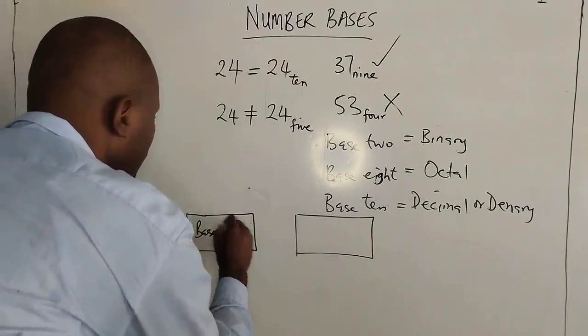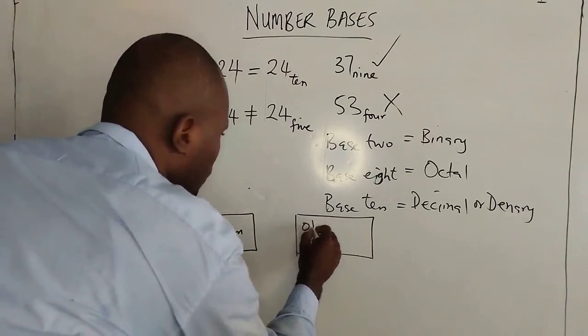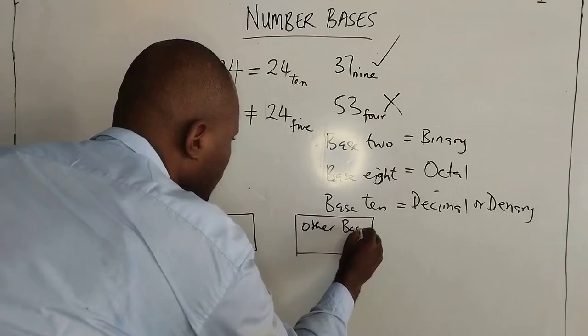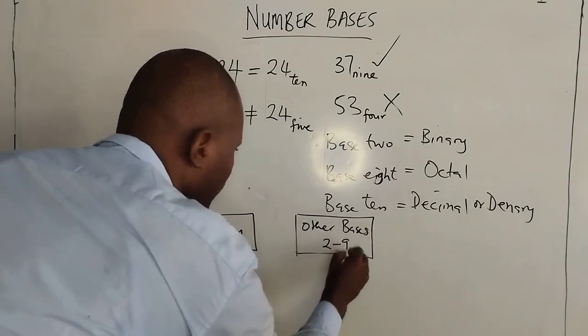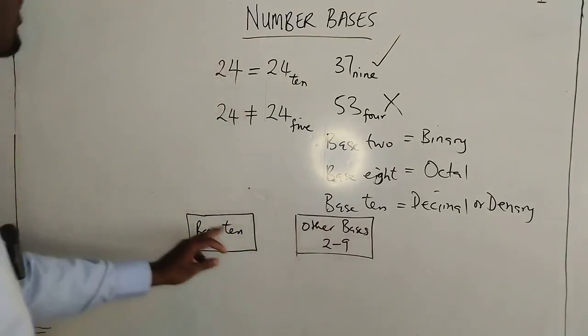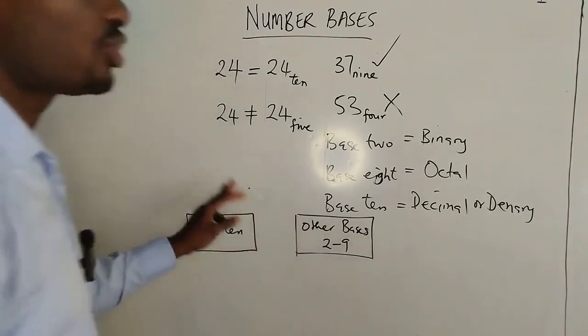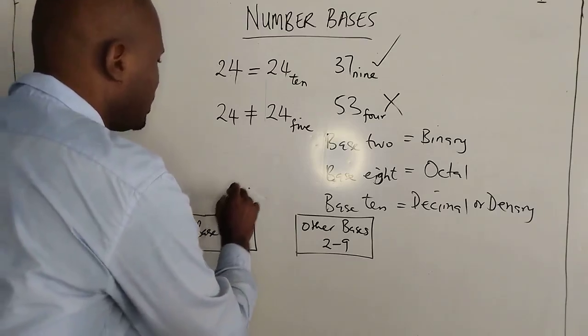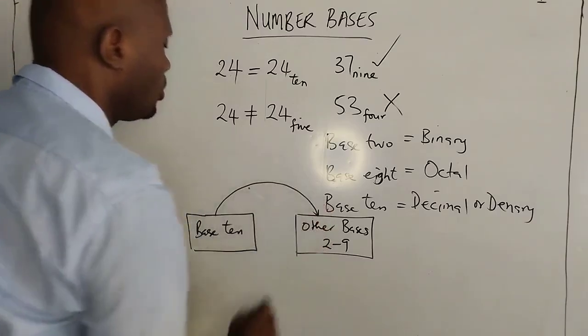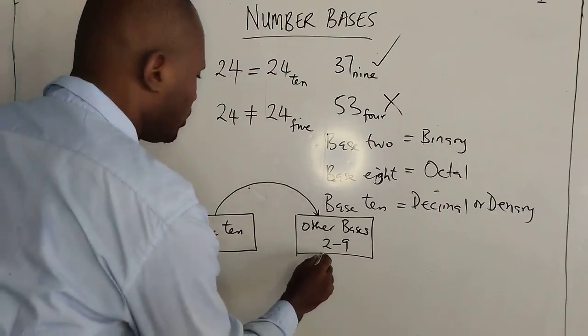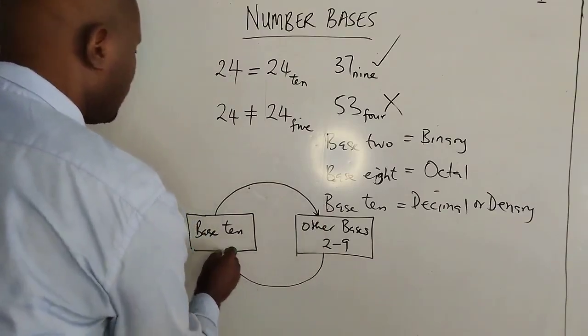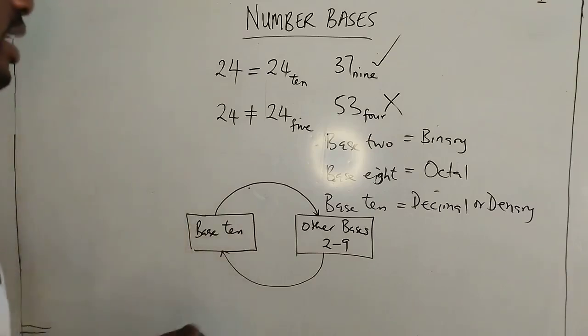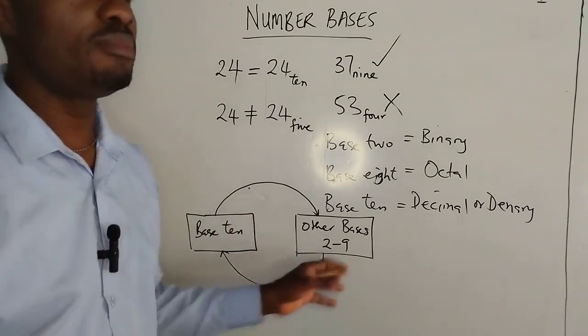Base 10, one side, other bases 2 to 9, the other side. So the conversions we do in number bases is either you are converting a number that is in base 10 to other bases, or you are converting a number that is in other bases back to base 10. That's the summary of what we do in number bases.